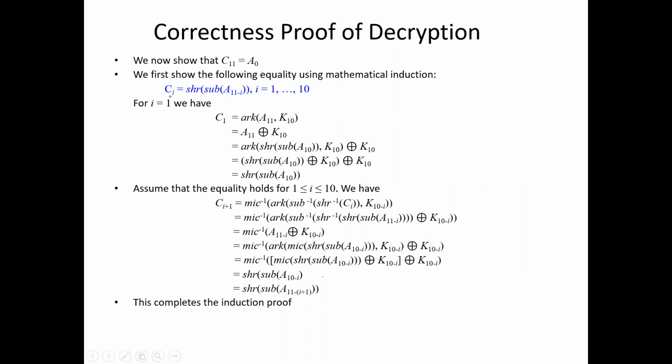What we want to show here is that for any i from 1 to 10, we have Ci equal to shift rows, substitution bytes, and then A sub 11 minus i. Once we have this, we can show that C11 is indeed A0.